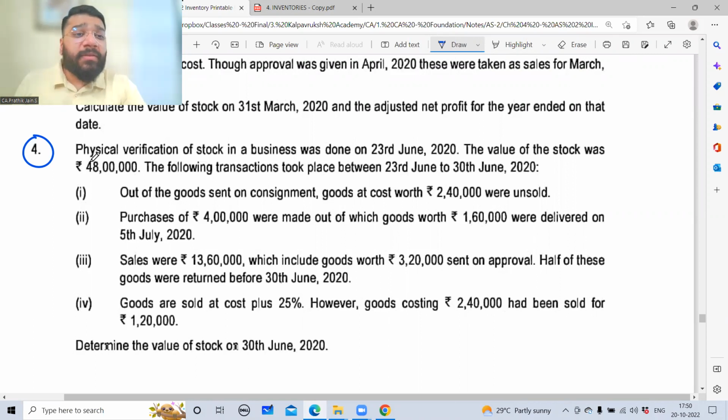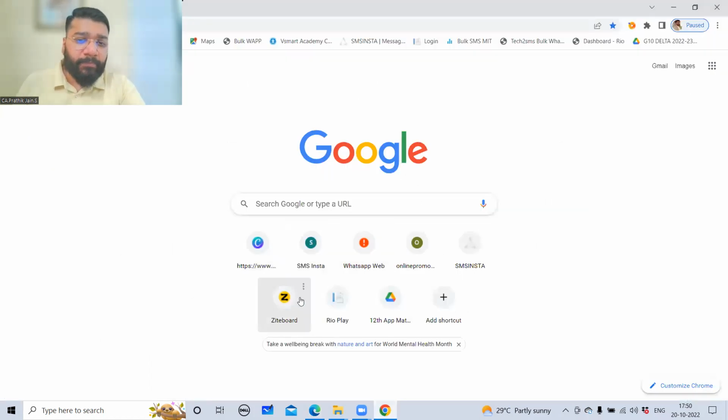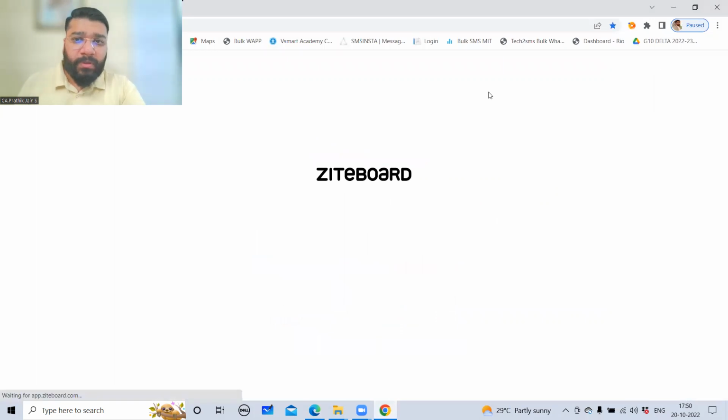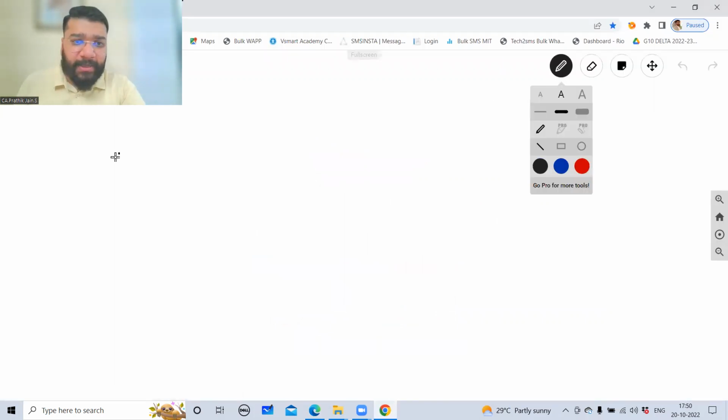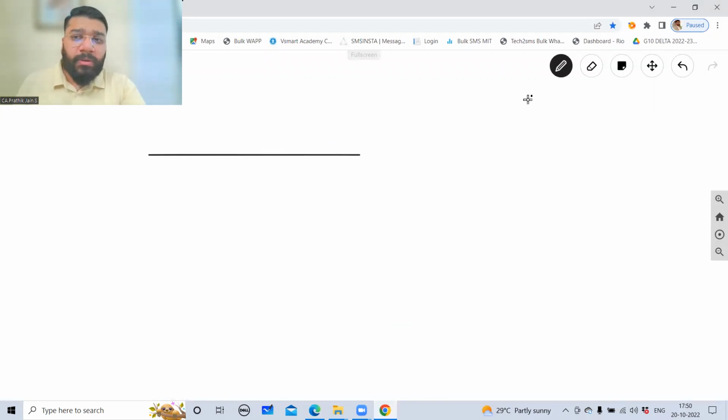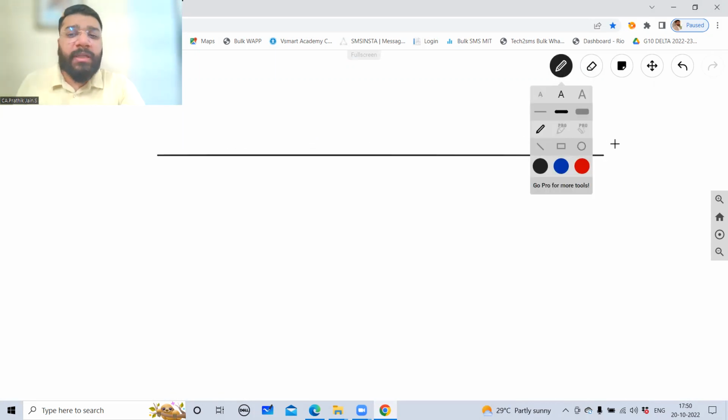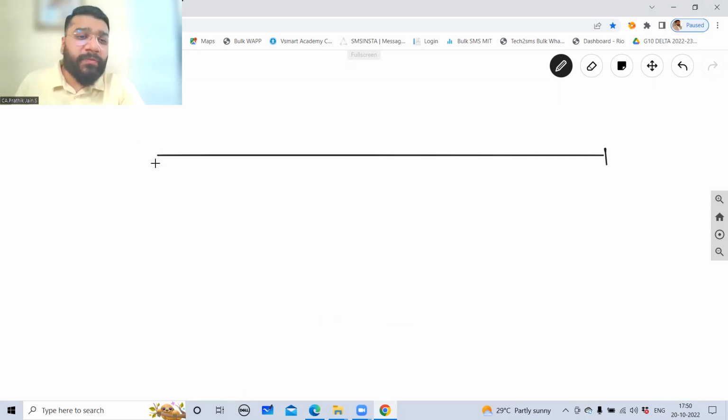It says that the physical verification of the stock in a business was done on 23rd June 2020. The value of the stock was rupees 48 lakh. So now, guys, what has happened here is that normally the physical verification of the inventory takes place at the end of the financial year.